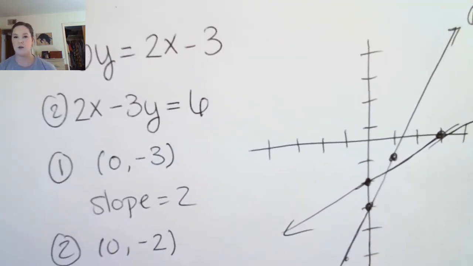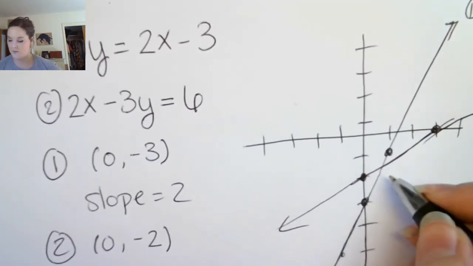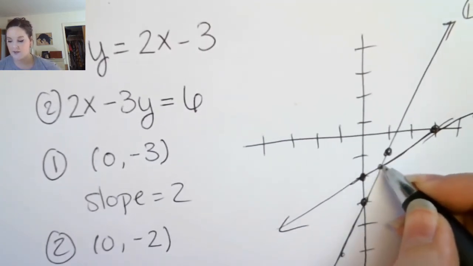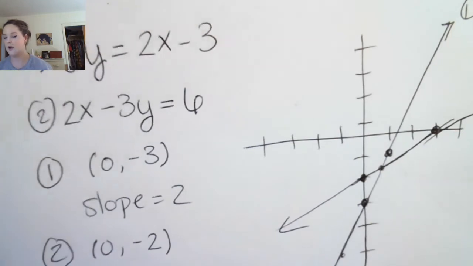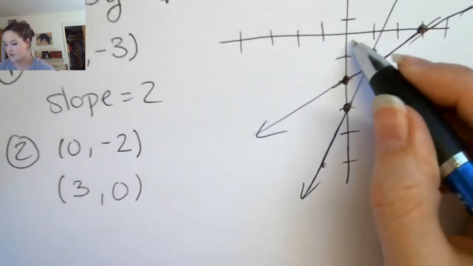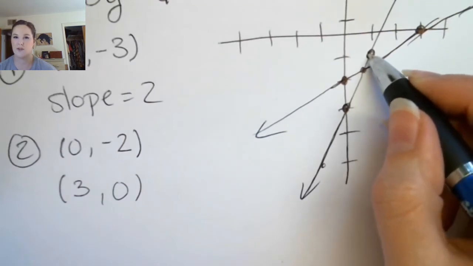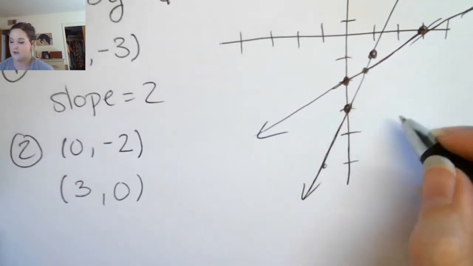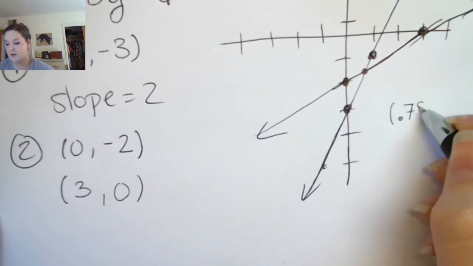Now, this highlights an inherent problem with this method. We can guess where this point is, but it's hard to really tell. We think this point is somewhere between 0 and 1, because it's not quite at 1, so maybe we would say 3/4 or 0.75.